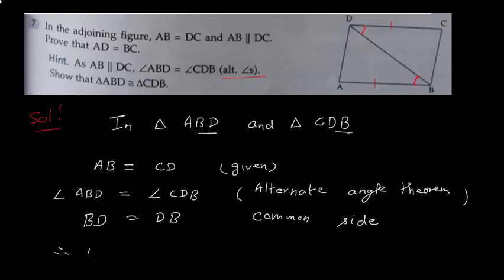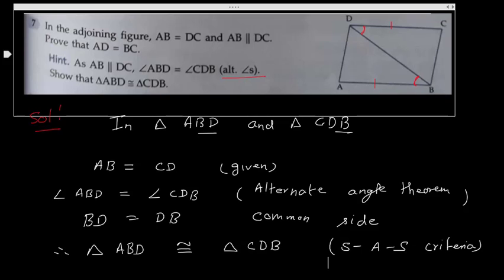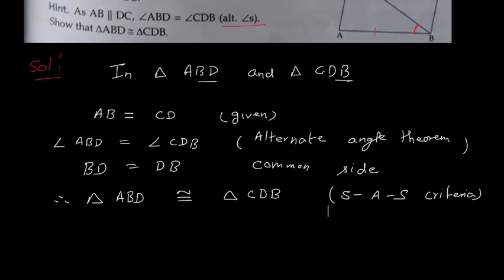So therefore you can say that triangle ABD is congruent to triangle CDB. The reason is side angle side criteria. So these two triangles are congruent. Therefore their corresponding sides are equal.